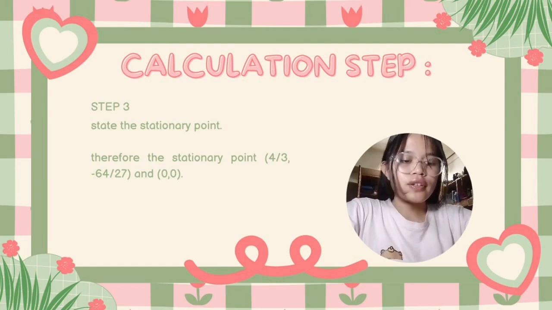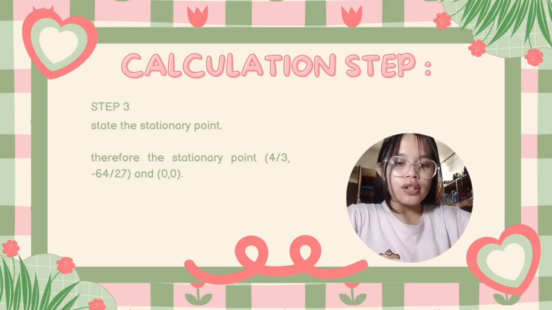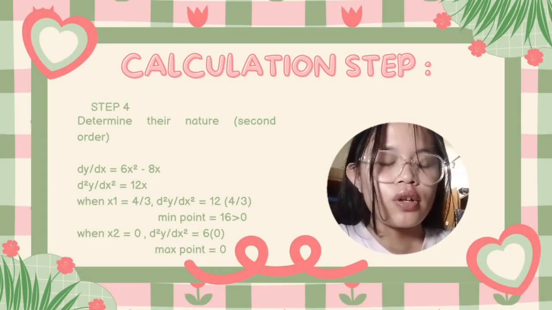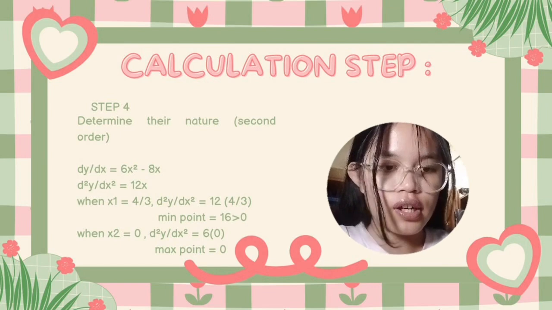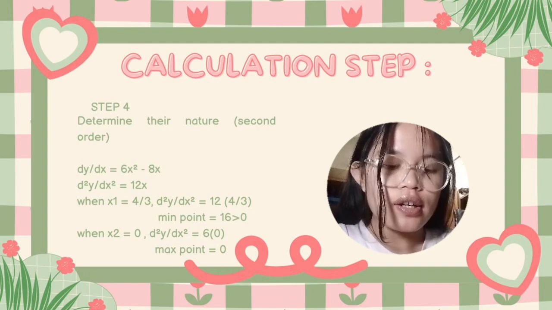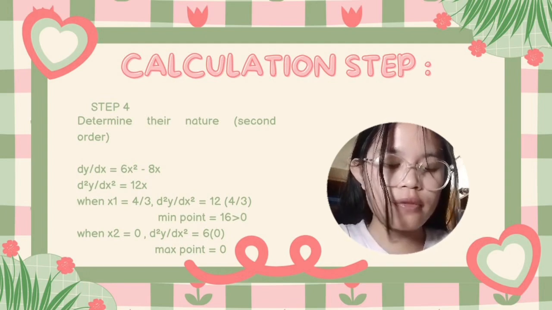Next is step 3, state the stationary points. We just insert the values of x1, y1 and x2, y2. Step 4 is to determine their nature, where we take the expression from dy/dx, 6x to the power of 2 minus 8x, and differentiate to get d squared y over dx squared.